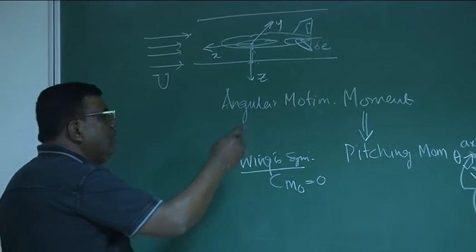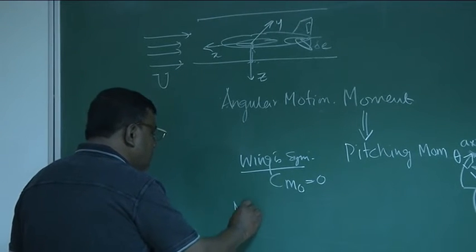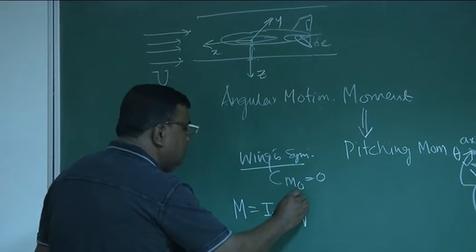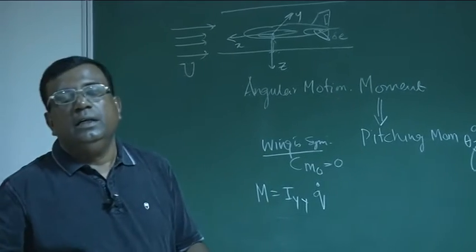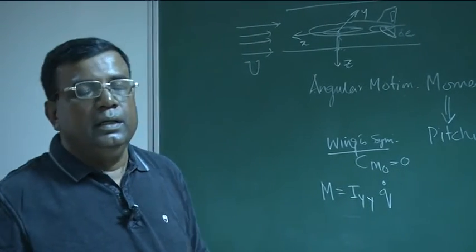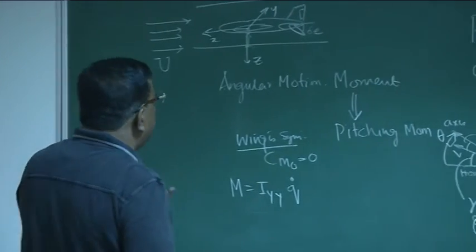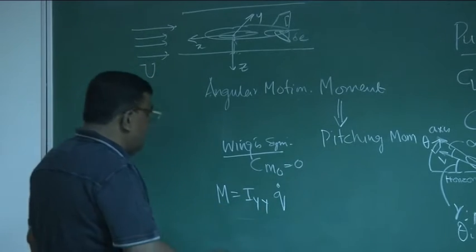Now, since we are talking about pitching moment, this moment is equal to Iy into q dot, because we are only talking about this motion. There is nothing coming from yaw rate or roll rate. It is only pure pitch. So I can write M equals Iy q dot. And what is M?